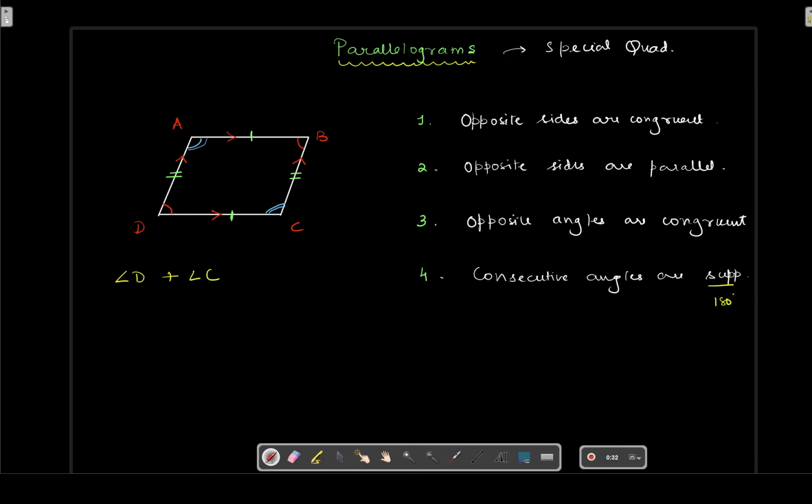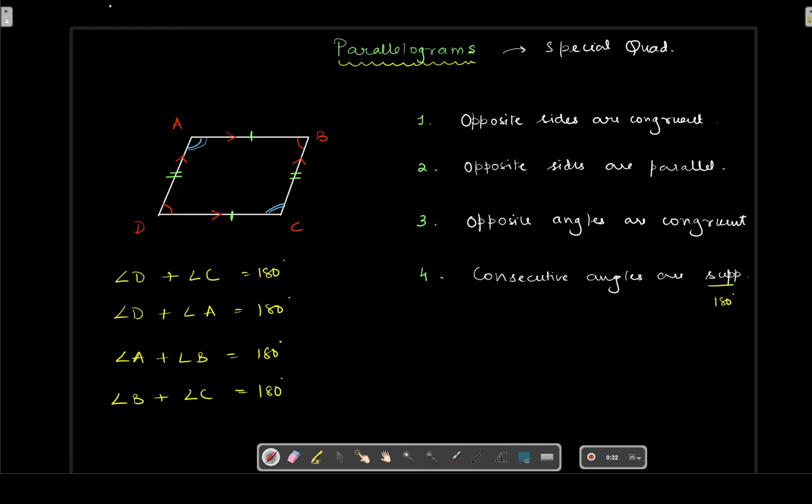So angle D and angle C is 180. So there are four supplementary pairs. Then angle D and angle A also 180 degrees. Then angle A plus angle B will be 180 degrees. And angle B and angle C will also be 180 degrees.